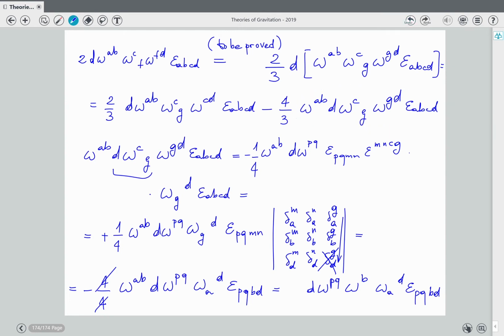No, we have to check it. Because what I wrote here is without this minus sign. So if it is equal to plus the other one, we would have 2/3 minus 4/3, which is minus 2/3 instead of 2.